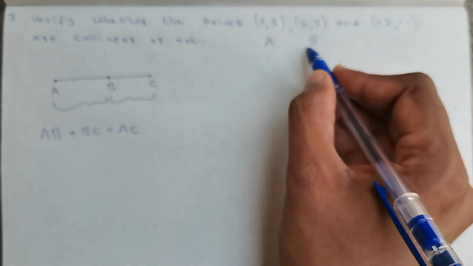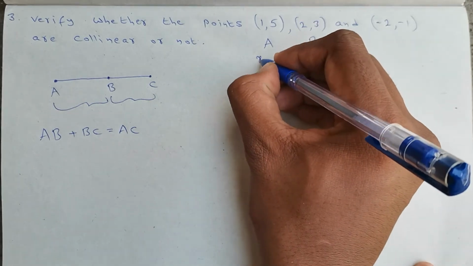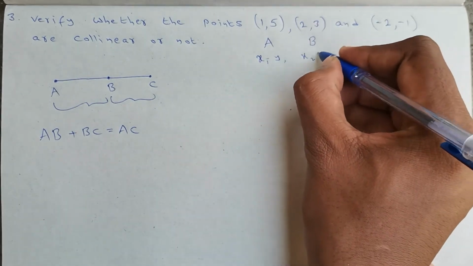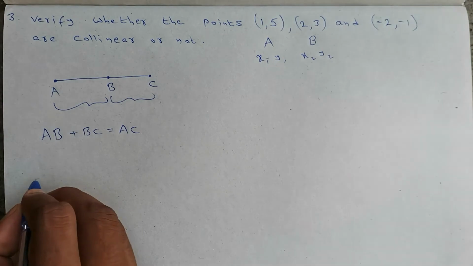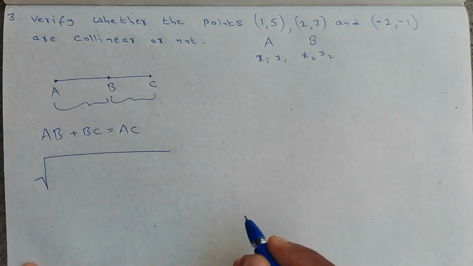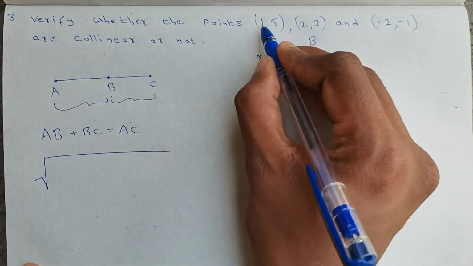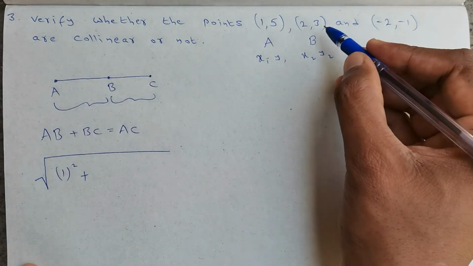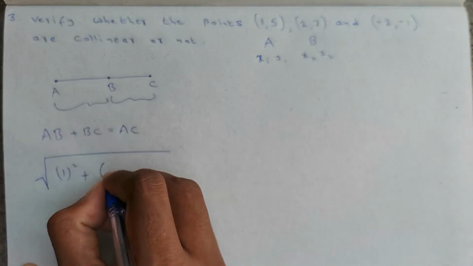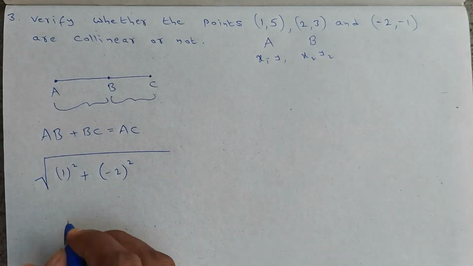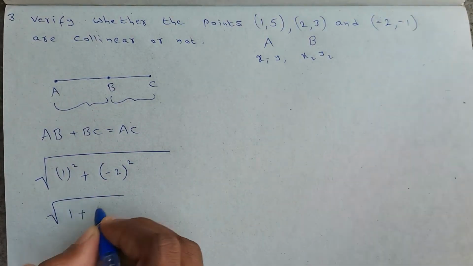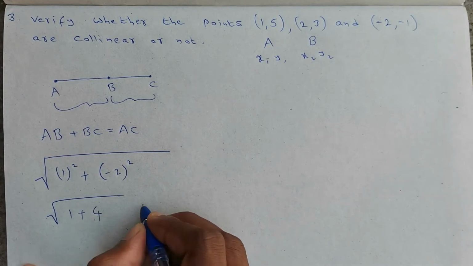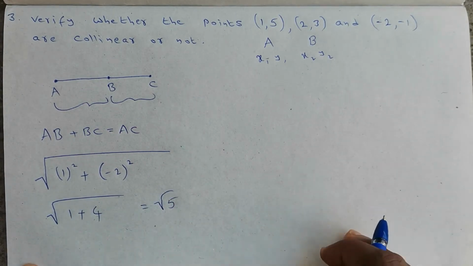First I will find the distance between A and B. This I am taking as x1, y1 and this as x2, y2. So under root (x2 minus x1) is 2 minus 1, 1 square, plus (y2 minus y1) is 3 minus 5, minus 2 whole square, which is equal to 1 square is 1 plus minus 2 square is 4, which is equal to root 5.